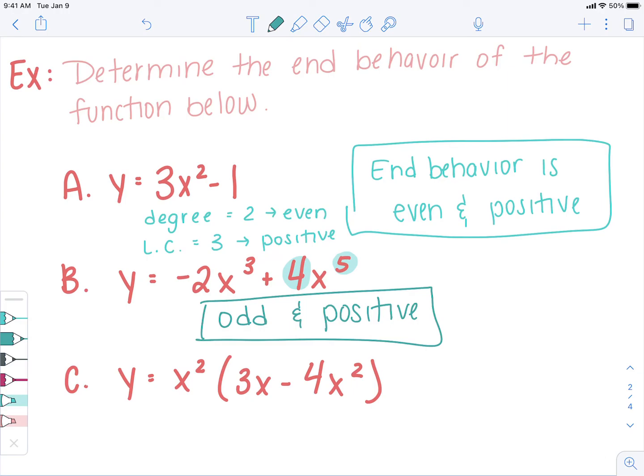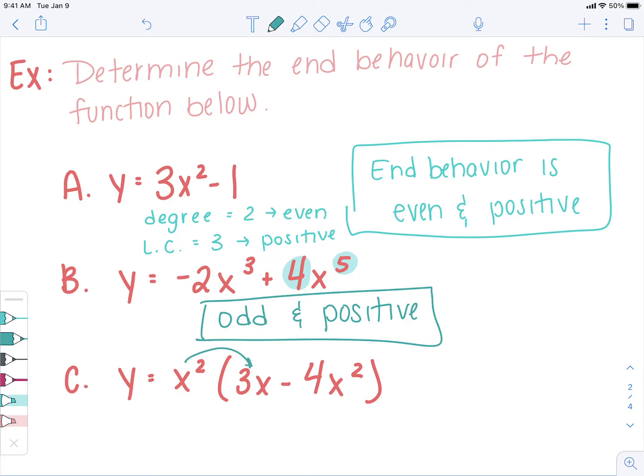What about this third one? C. We have to distribute. So just like with symmetry where we couldn't decide, or with even or odd we couldn't decide, so we've got to distribute that first. But thank goodness we've dusted off our distributing skills from last time, right? And we know when we distribute those with their exponents, we add them.